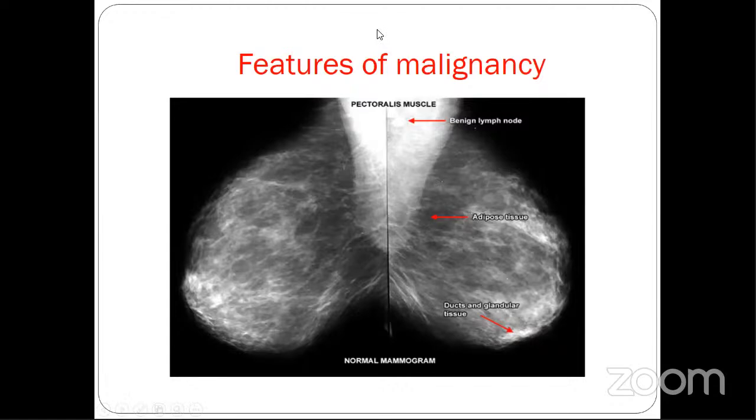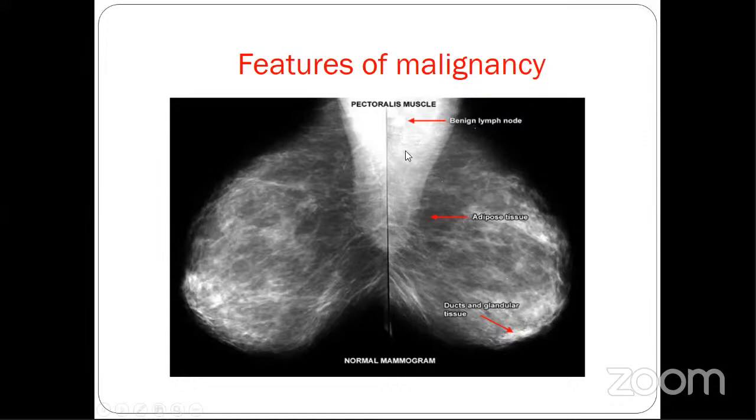Now we'll go to features of malignancy in mammography. First, we should know the normal mammography or mammogram to detect the abnormality.